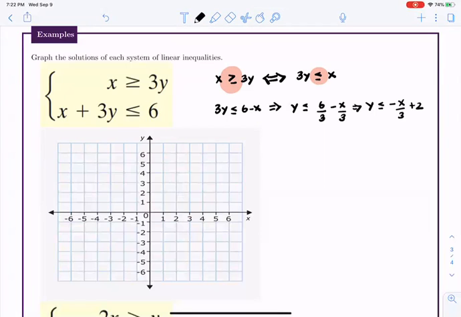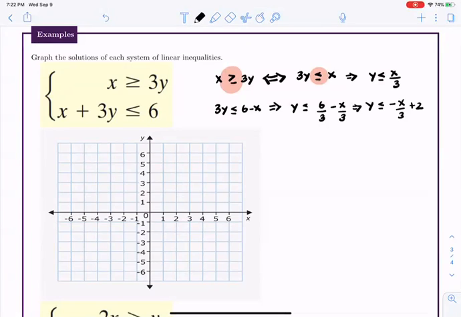Going to go back to the first inequality and divide by 3 because I just need y on the left-hand side. So I had the original inequalities and I rewrote them as y less than or equal to x over 3 and y less than or equal to negative x over 3 plus 2.